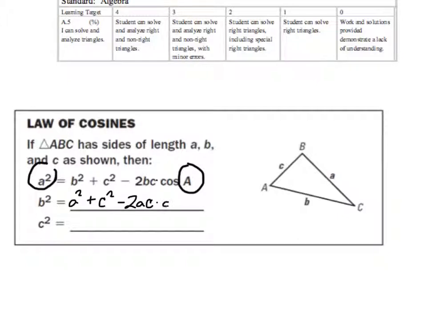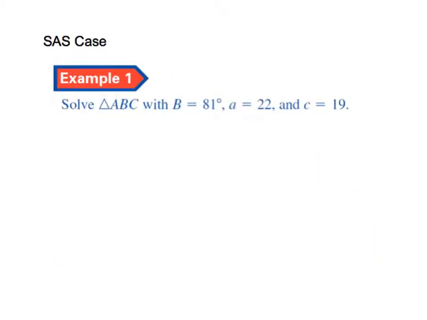So times the cosine of angle B. And then c squared has a squared and b squared in here minus twice ab times the cosine of, you guessed it, angle C. So again, the side out in front matches the angle that we're dealing with. Okay? So let's begin looking at some of the ways we apply this to triangles.